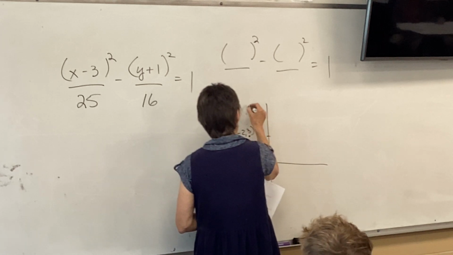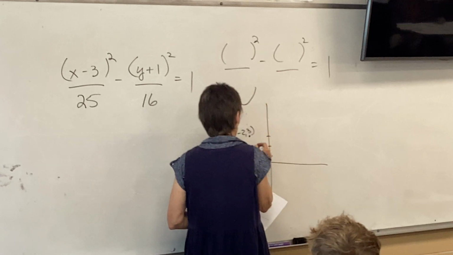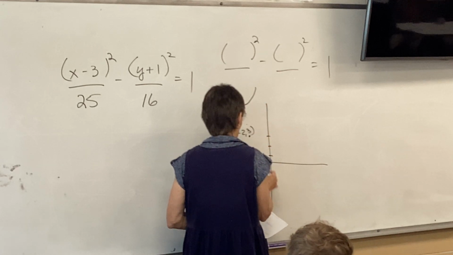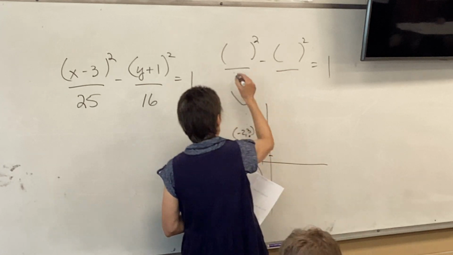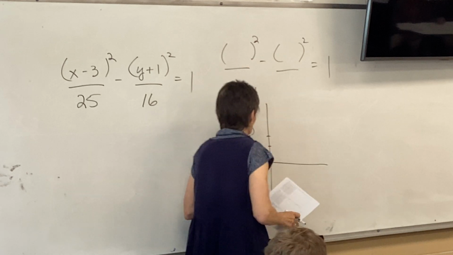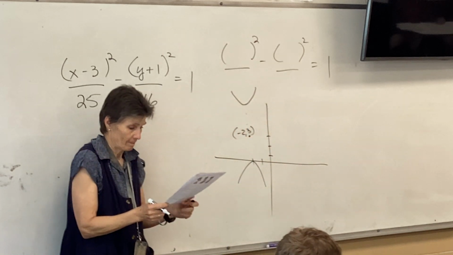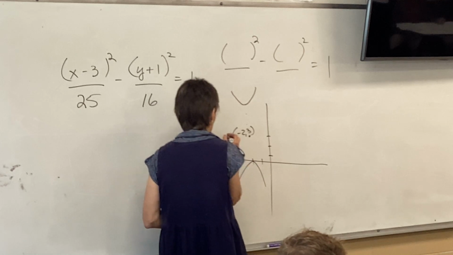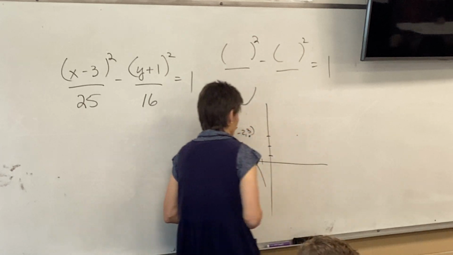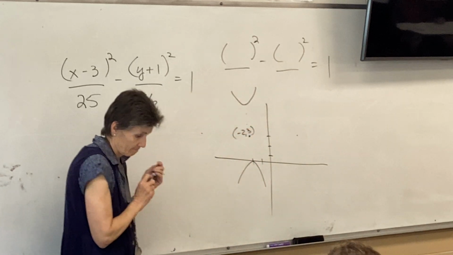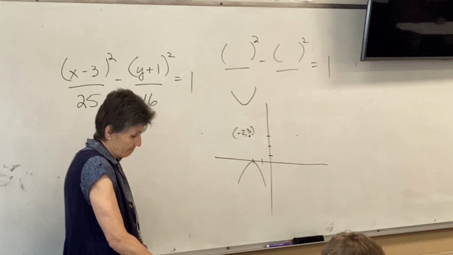Y minus 2, and we're trying to figure out our x. How are you supposed to get these numbers? Yeah, like for this one, you have to add this.